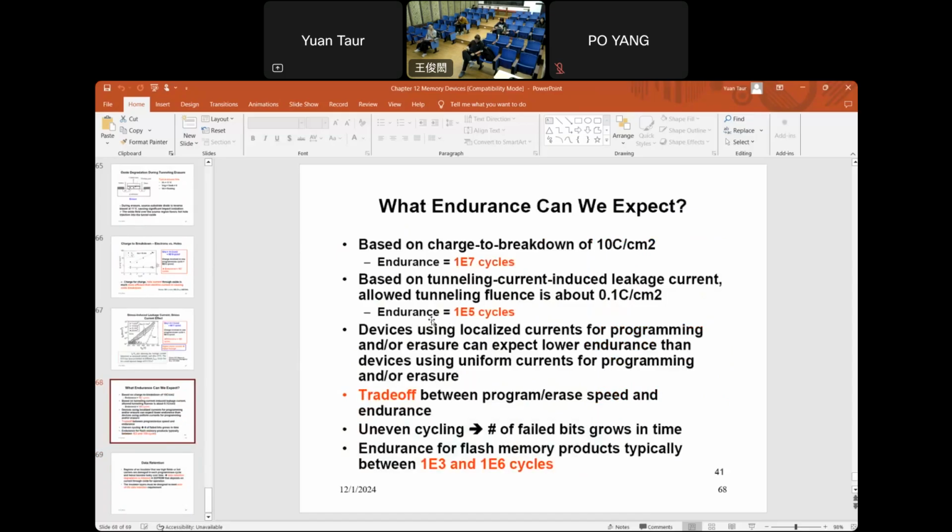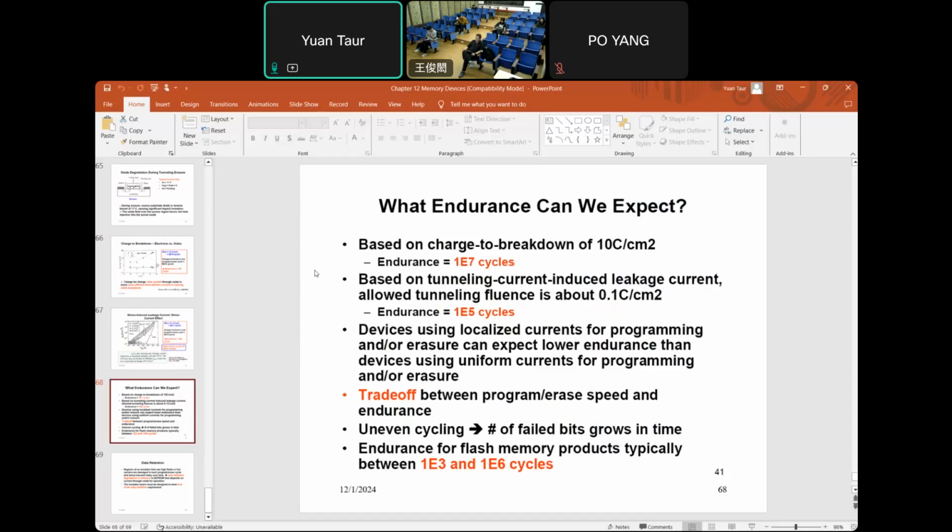So altogether, the non-volatile RAM is very different from the static RAM and dynamic RAM we talked about in the beginning of the chapter. For static RAM and dynamic RAM, they operate at low voltage, and we can read and write as many times as we want, and there's no change. But for a non-volatile device, we use a very high field to operate.